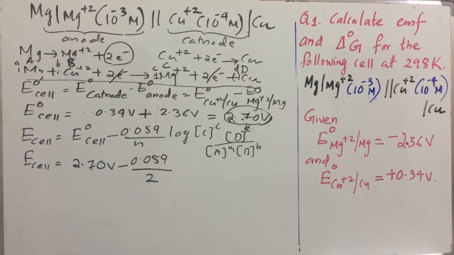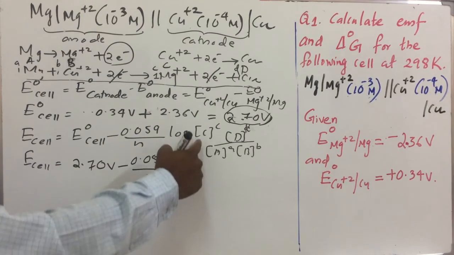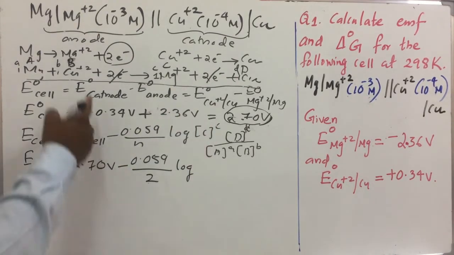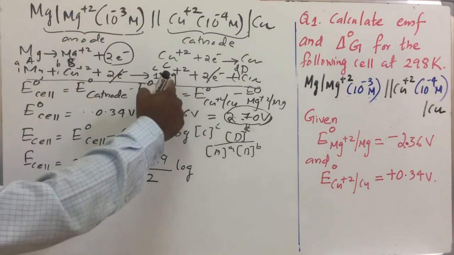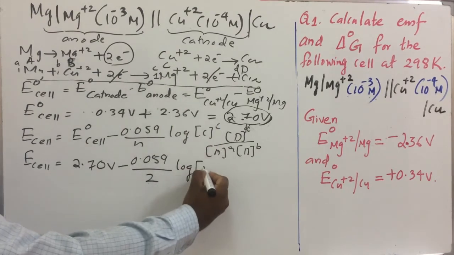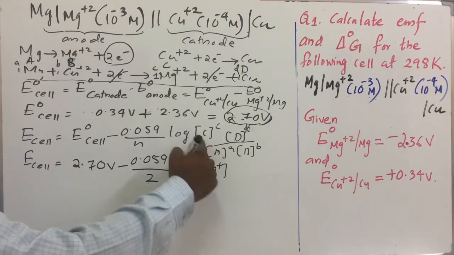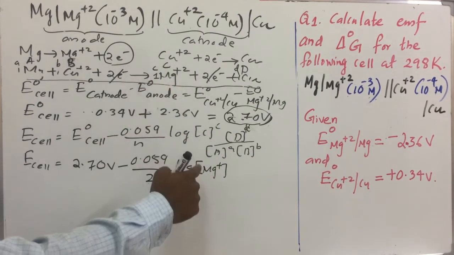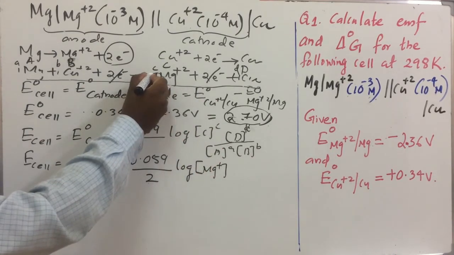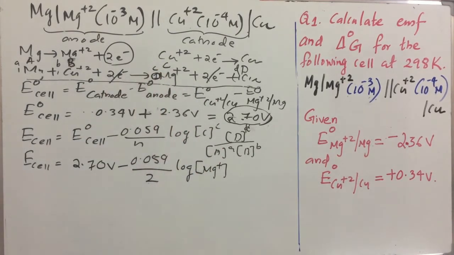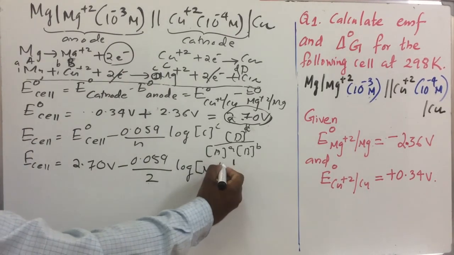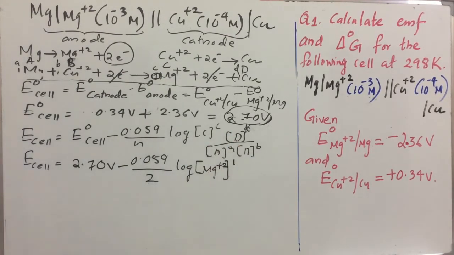Then log of C raised to c. C means the concentration of Mg+2 raised to the coefficient, small c, which is 1. So the concentration of Mg+2 raised to 1.